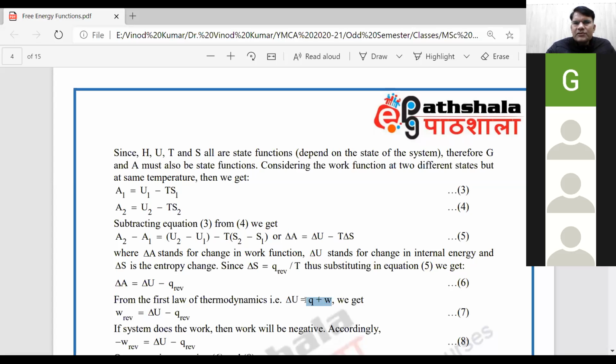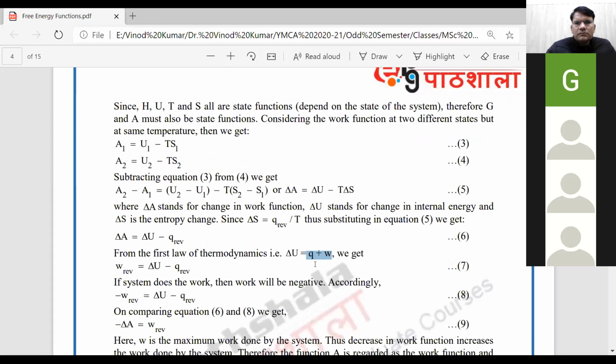If I substitute this into equation number 6, then we will have delta A is equal to W reversible, which will be equal to delta U minus Q reversible, because Q plus W is equal to delta U.